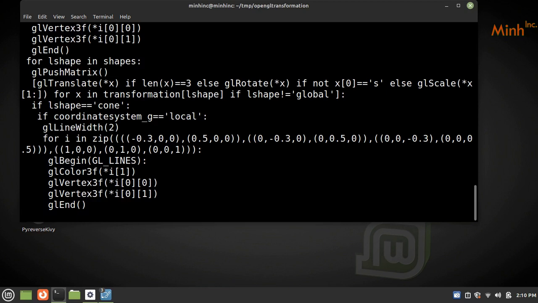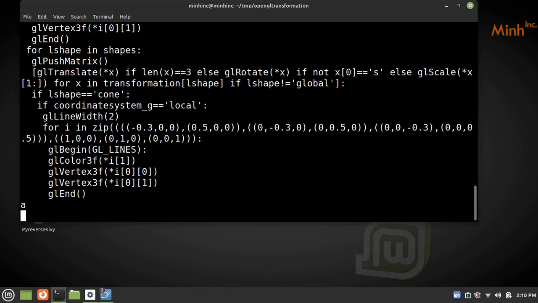So after glEnd, we'll set the color. Okay, so where this cone would come, this is a problem with Python.